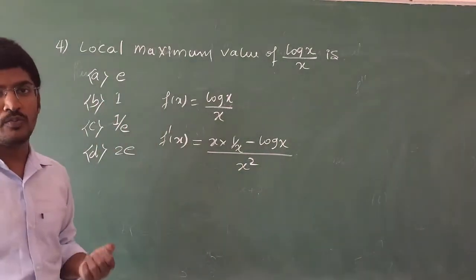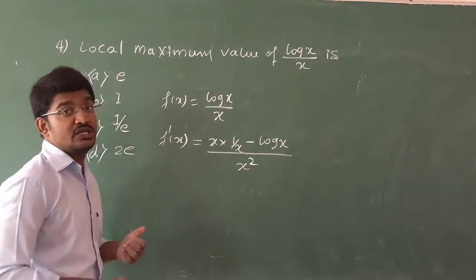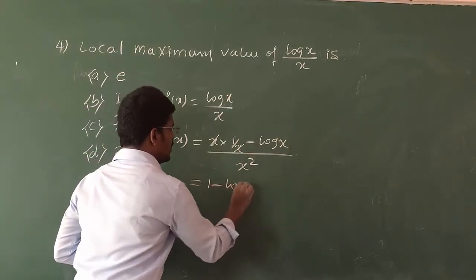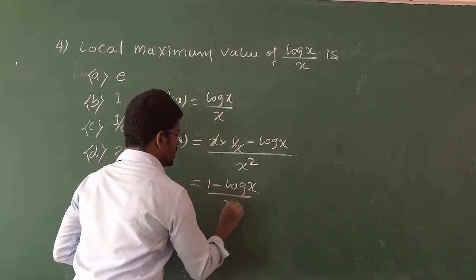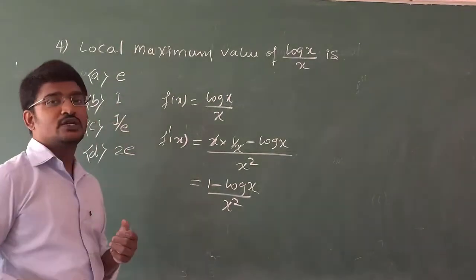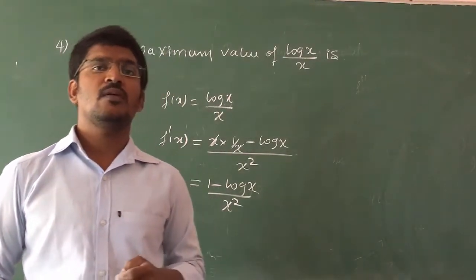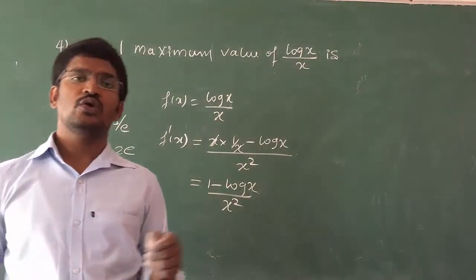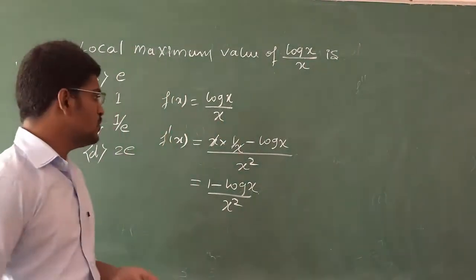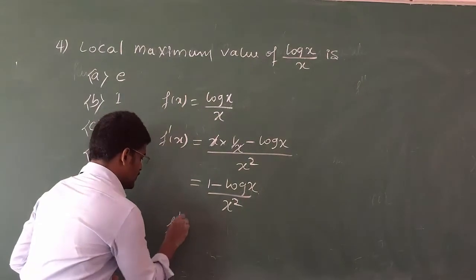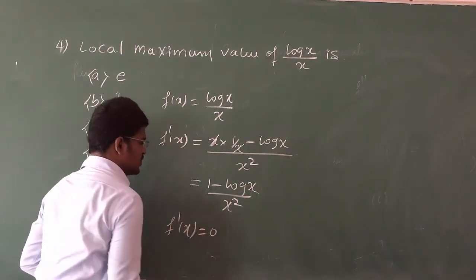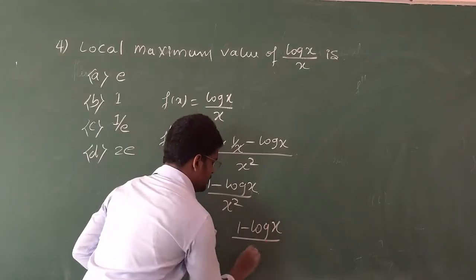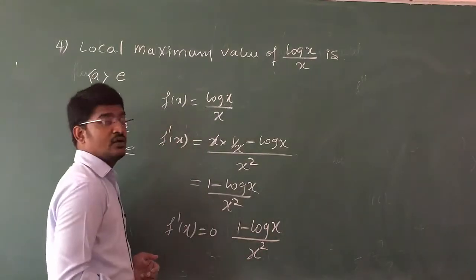Clear? The answer is 1 minus log x divided by x square. After getting f dash of x, you have to equate it to 0. F dash of x equal to 0, that is 1 minus log x divided by x square.